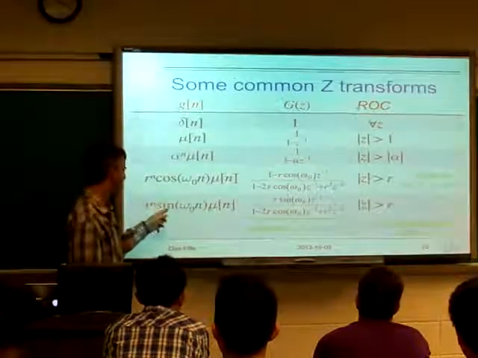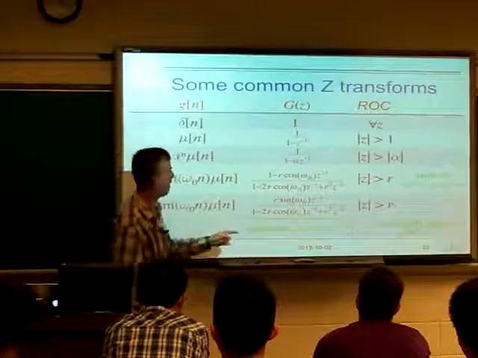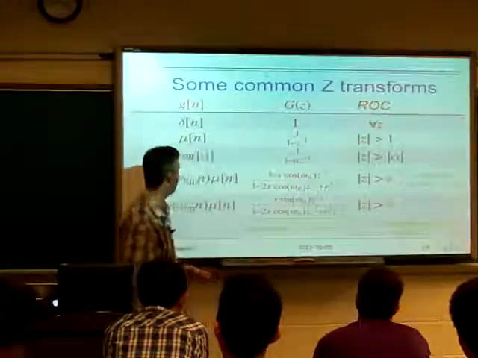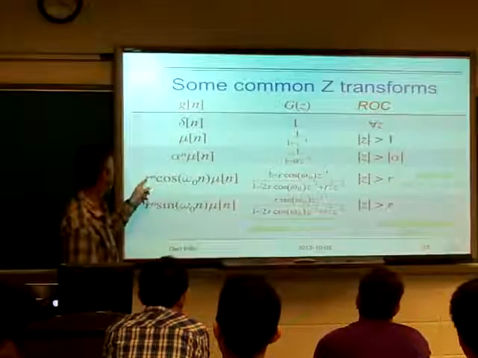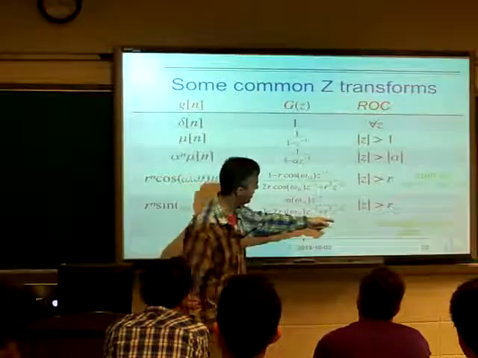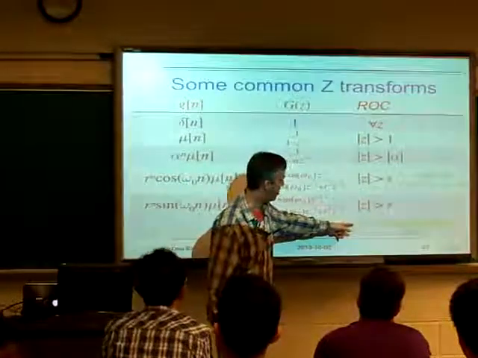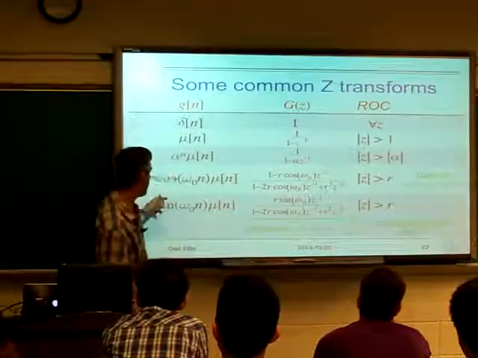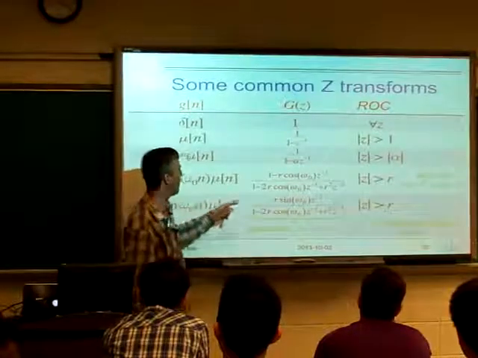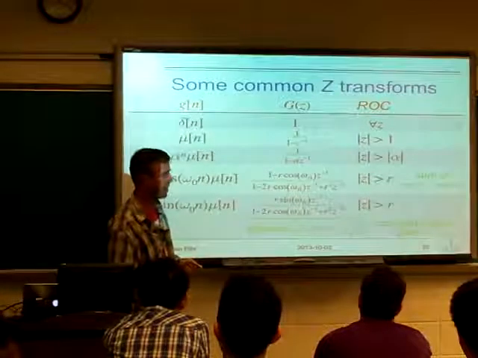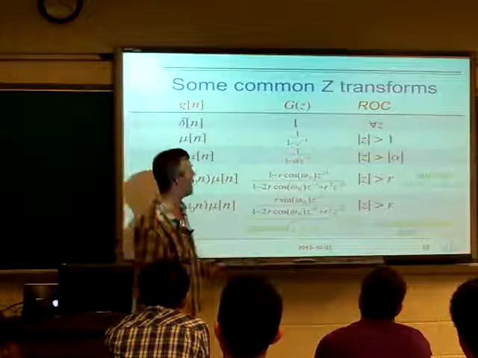The sinusoidal components are at omega 0, and the poles are at angle omega 0, and then they've got this decay factor of r to the n, so it's just an exponential decay, and that's the radius of these poles. The difference between the cosine phase and the sine phase is just this first order polynomial in z on the top.